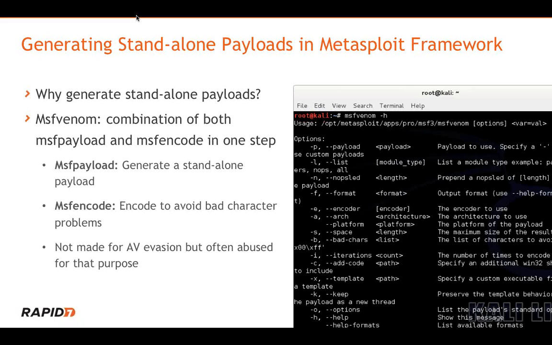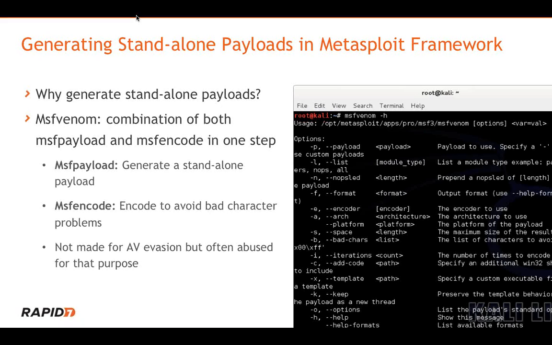Now, a lot of our encoders are polymorphic, which means that they did a decent job of helping us avoid signature-based AV detection for a while. That's not actually what they were designed to do, and AV has gotten a lot smarter since those days, and what you'll find is that encoders themselves will actually bring their own AV detections with them that are similar to packers.